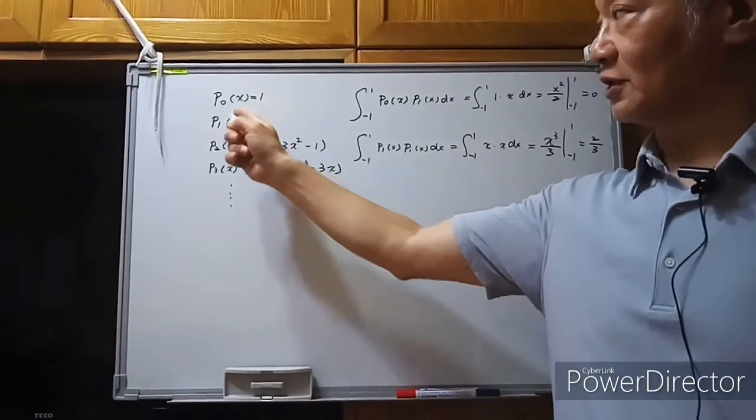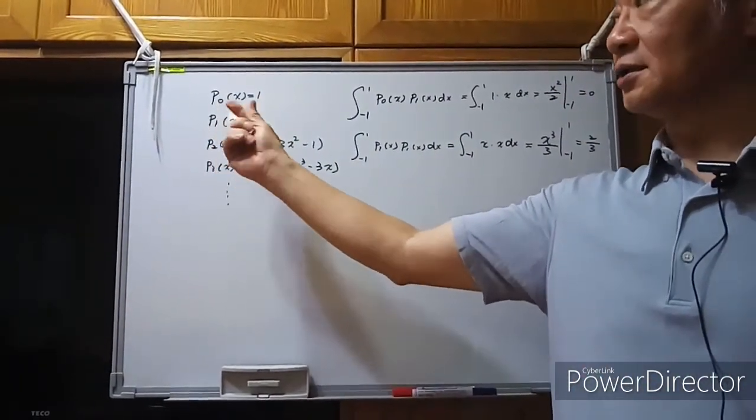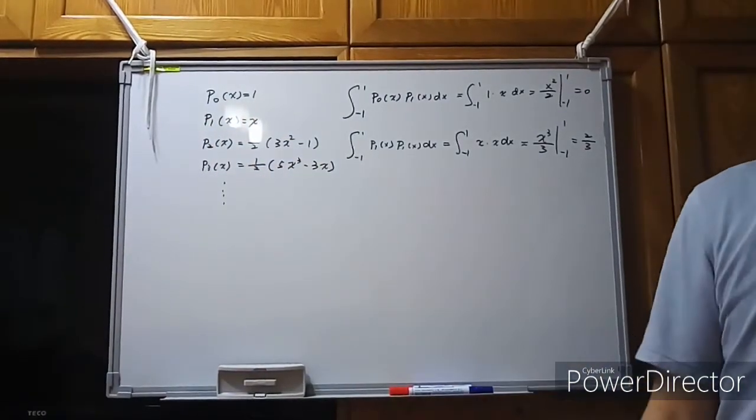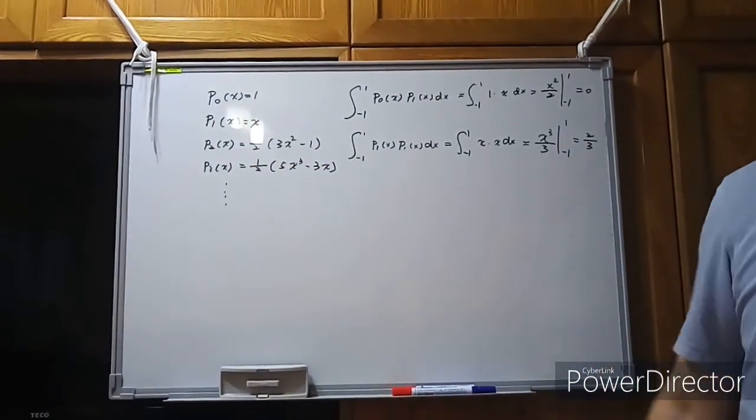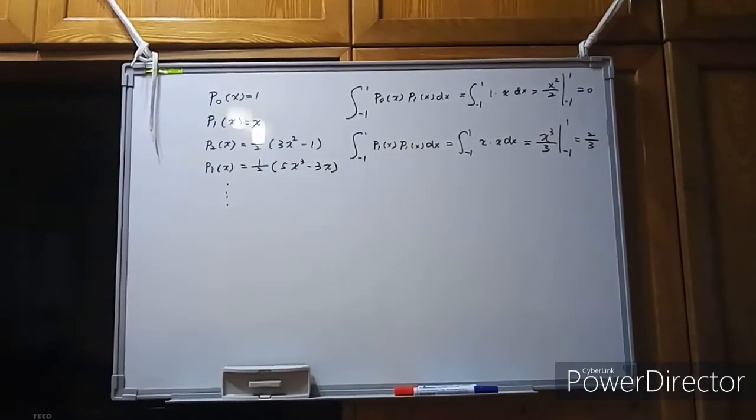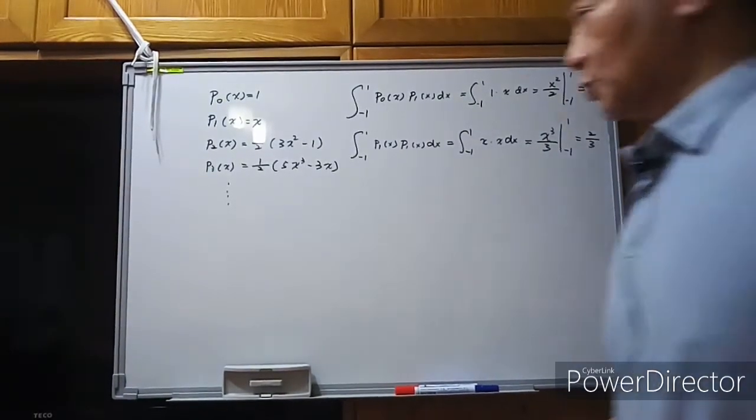For all different i and j, if we multiply these two together, the integration will always be equal to 0.